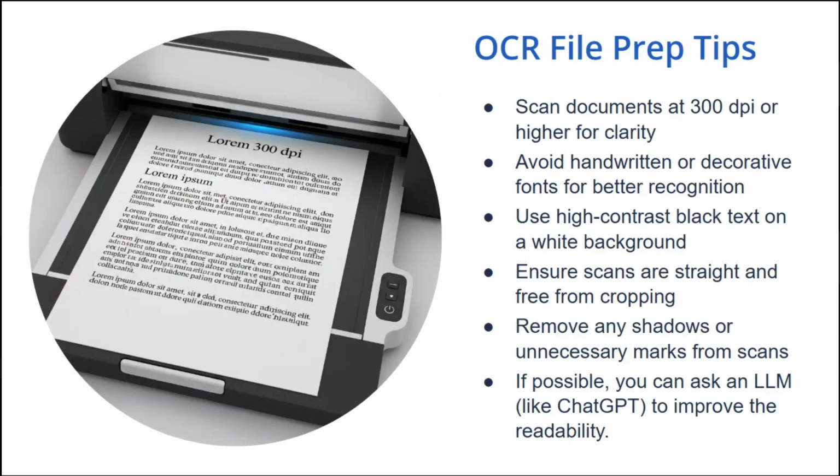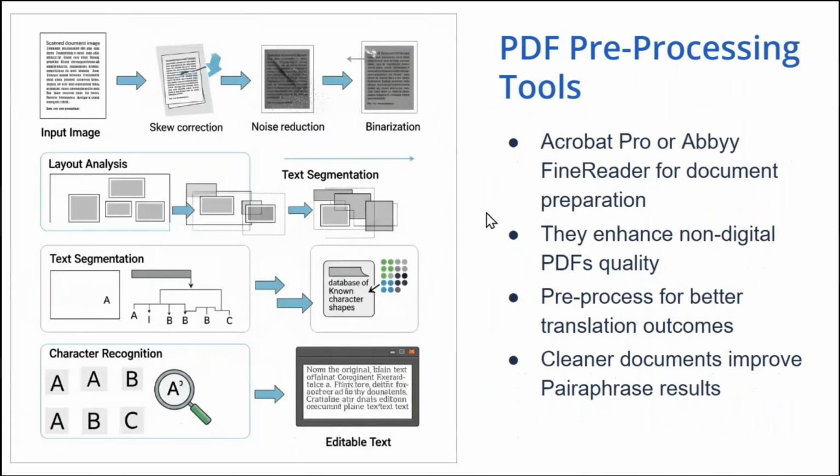But now let's go a little deeper on this and talk about some tools that can significantly improve your translation results. And something very interesting about this is that if you have those tools, you can use them to pre-process your files.